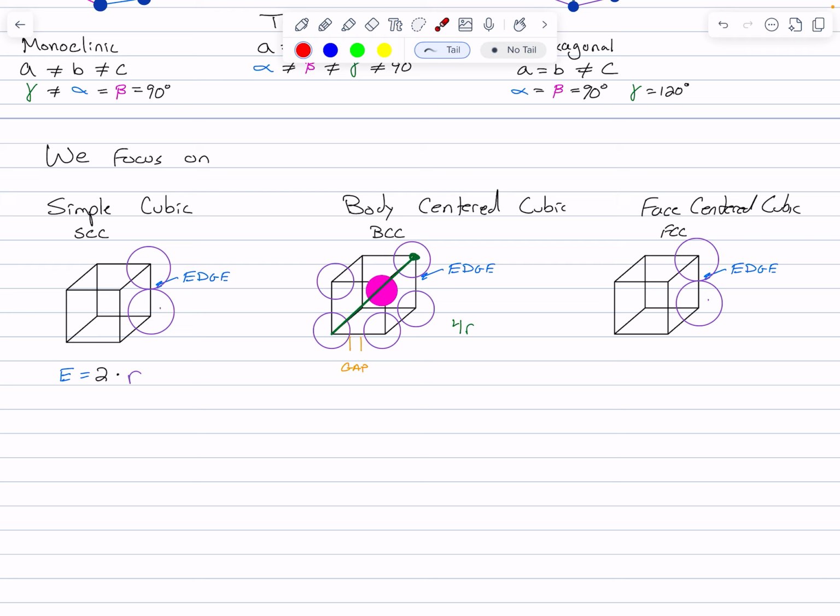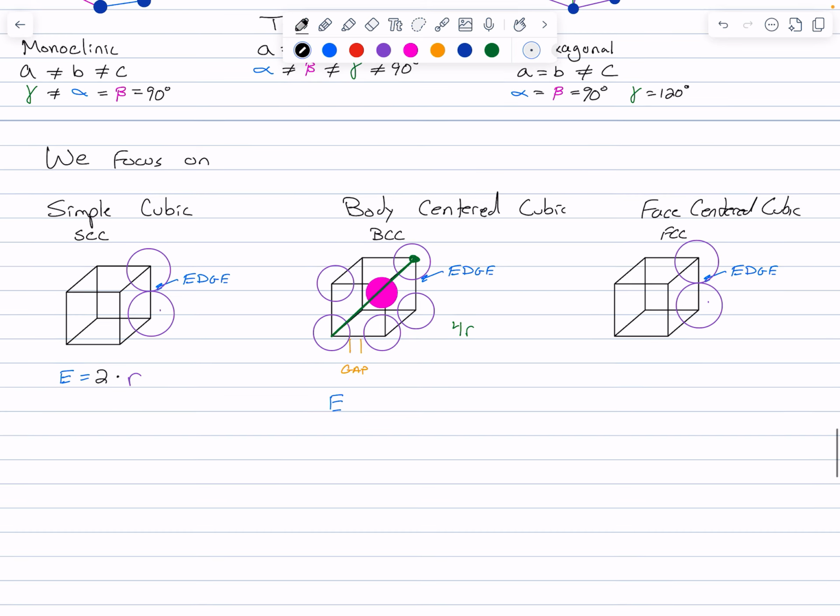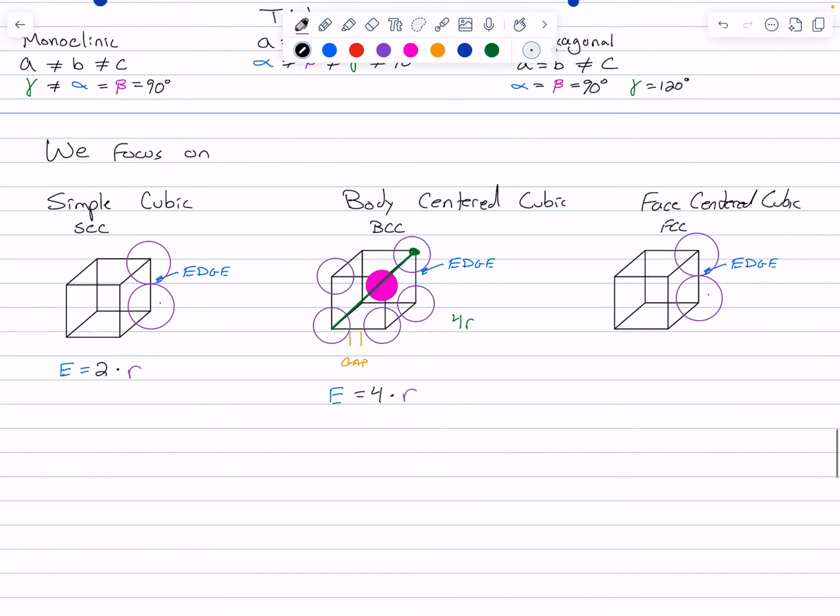Now, I know my circles are not showing that they touch, but that's how they really touch. And so the edge of the body-centered cubic is going to be equal to 4 times the radius divided by the square root of 3.